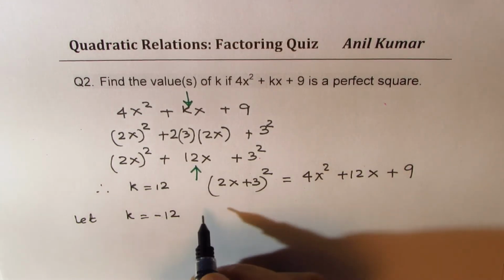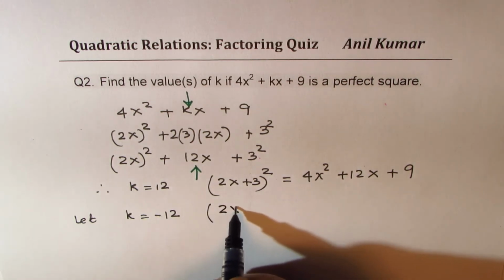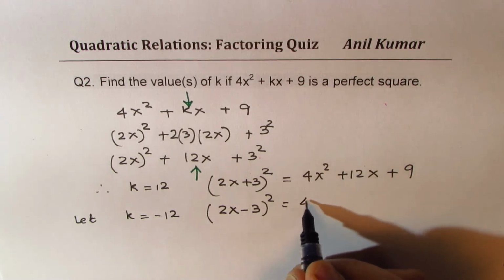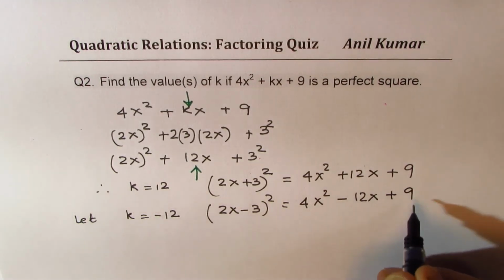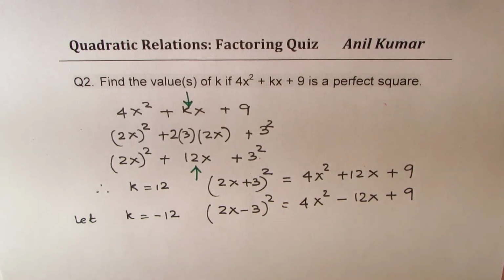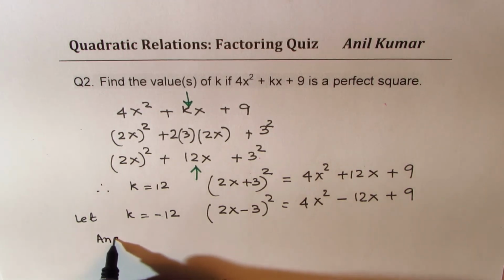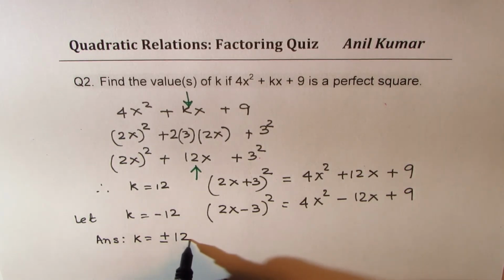Well, in that case, the center term becomes negative, so I could have written this as (2x minus 3) whole squared. We'll actually get 4x squared minus 12x plus 9. So you can see from here that the center term could be both positive and negative, right? So remember this part. The answer is that k equals plus or minus 12, right?